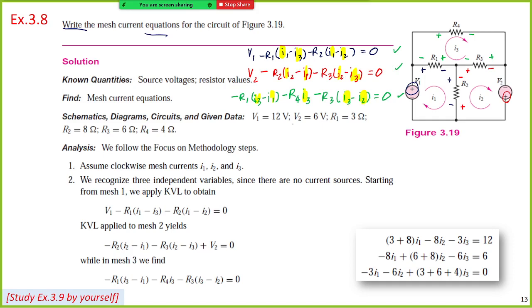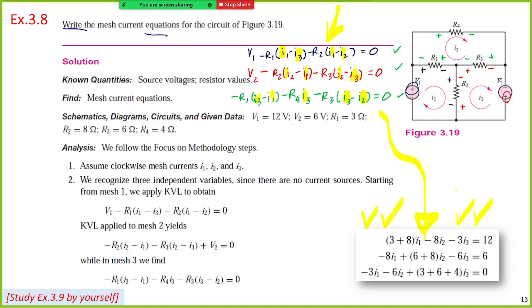So I recommend you try to substitute the known values and rearrange the equations. You will get these three equations. Just check whether it is the same or not. This is the equation I wrote down here, and these three equations are the same.